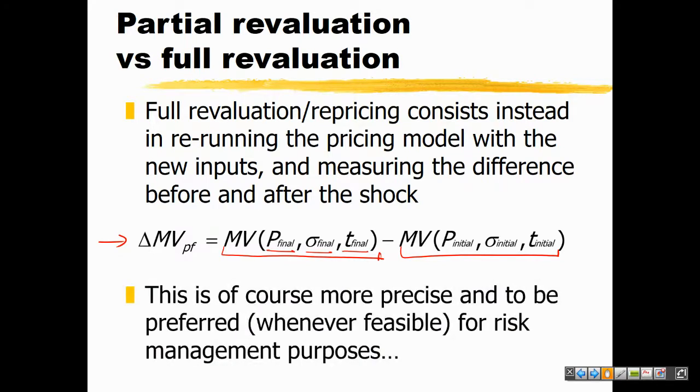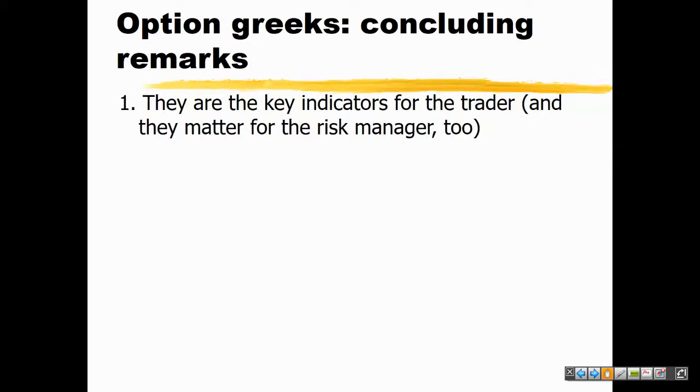So in many cases, you can choose between a precise estimate or an approximation. Of course, using the full revaluation or repricing is always more precise. So this is the choice that should be preferred even by risk managers whenever this is feasible, so whenever the price for the option is not too complicated to be calculated, essentially.